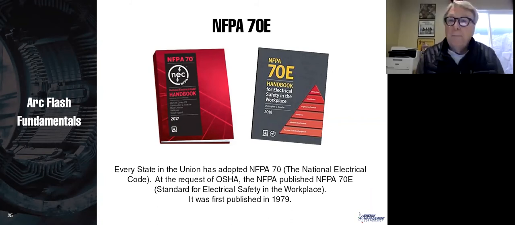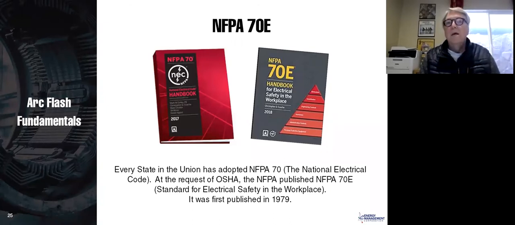And it is those people who frequently are hurt. So OSHA went to NFPA and said, will you add on to your booklet, it's not a booklet, but it's huge, another standard to protect electricians and electrical workers? They did, and they gave it the same number. It's NFPA 70, but this one is NFPA 70E.